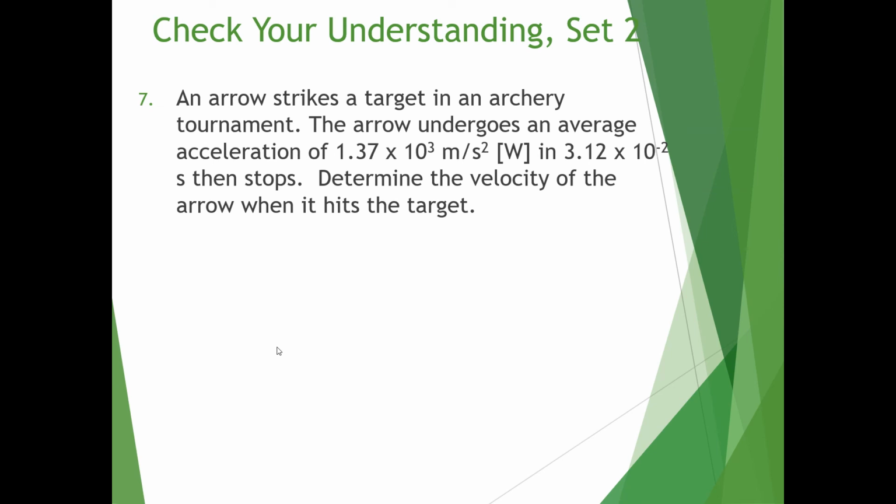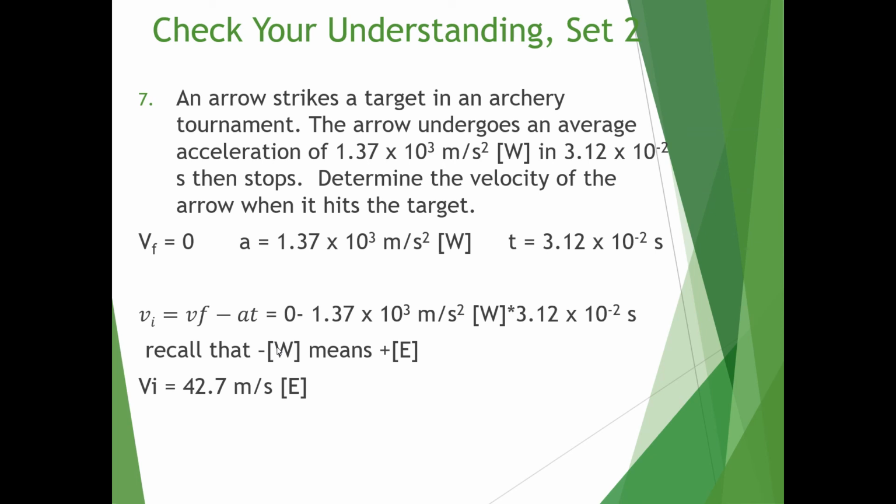Number 7, an arrow strikes a target in an archery tournament. The arrow undergoes an average acceleration of 1.37 times 10 to the third meters per second squared west in 3.12 times 10 to the minus second seconds, then stops. Determine the velocity of the arrow when it hits the target. So again, we're going to use our same equation, but this time we want to solve for our initial velocity. Our v final is going to be 0.